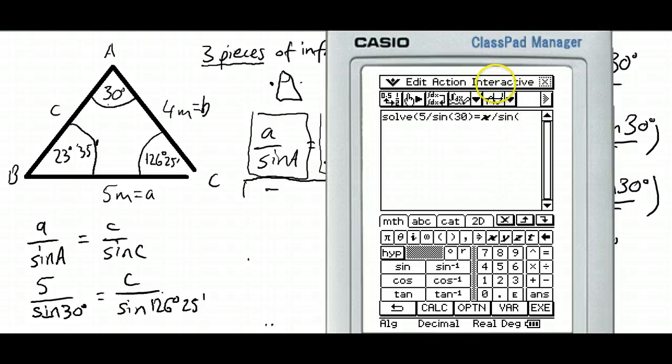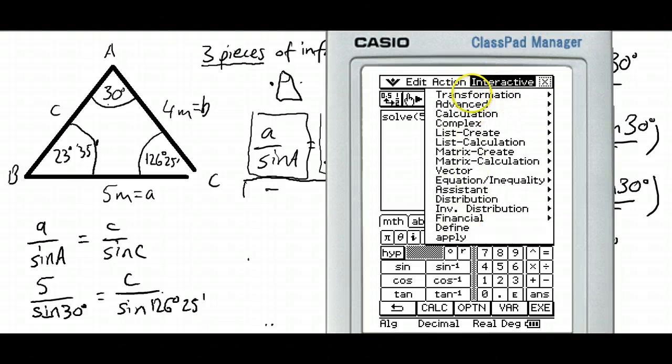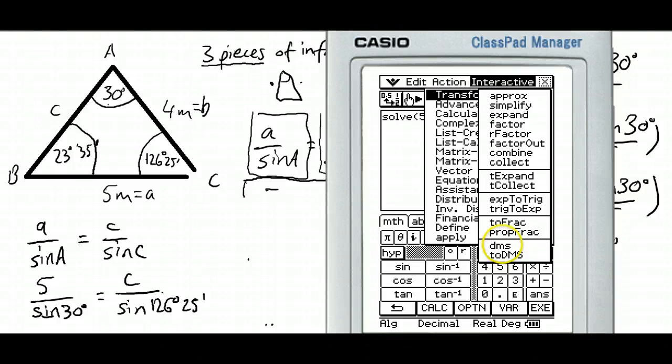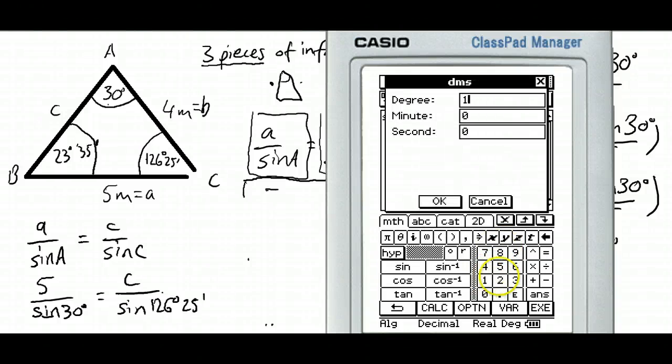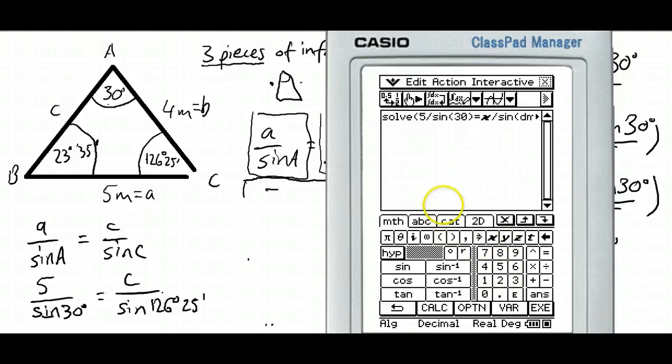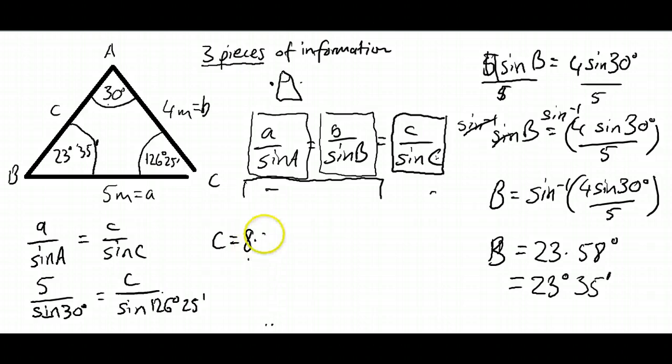Now to put in 126 degrees 25 minutes, we'll go to interactive transformation and DMS, and then we can put in 126 degrees and 25 minutes and go OK, and it calculates for us that x, or for us it's c, but we're calling it x here, is 8.05. So c equals 8.05, and we're working in meters, so that's going to be 8.05 meters.